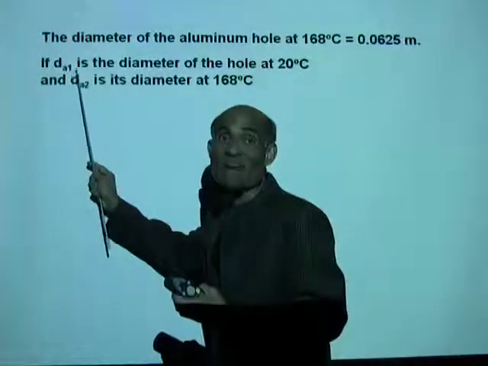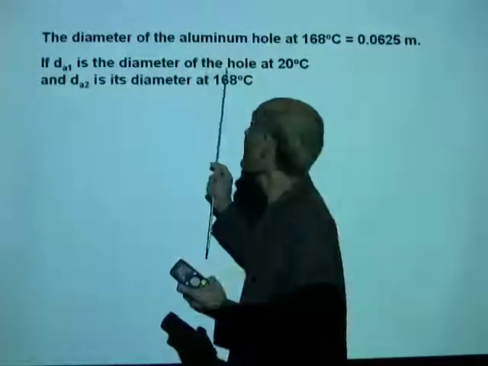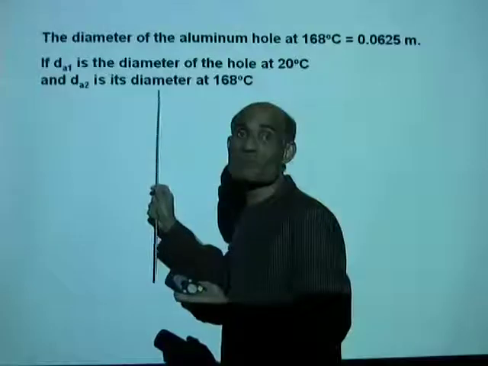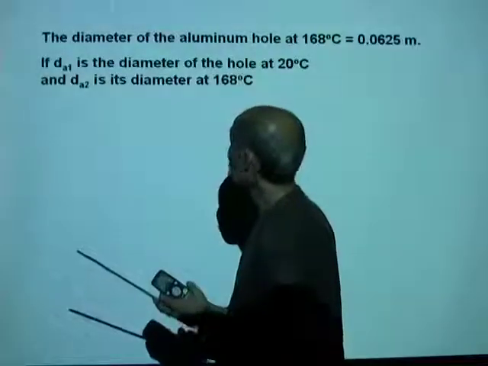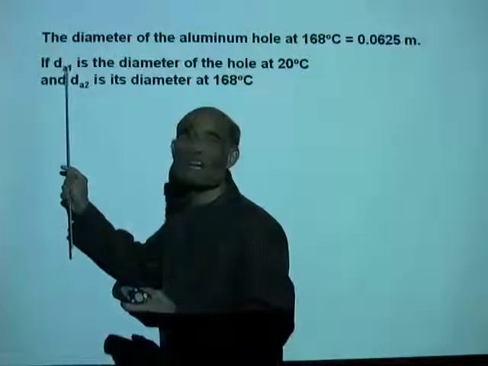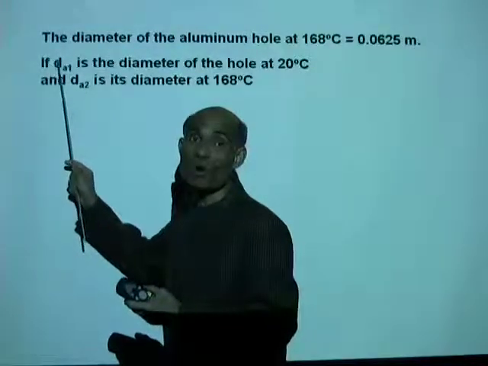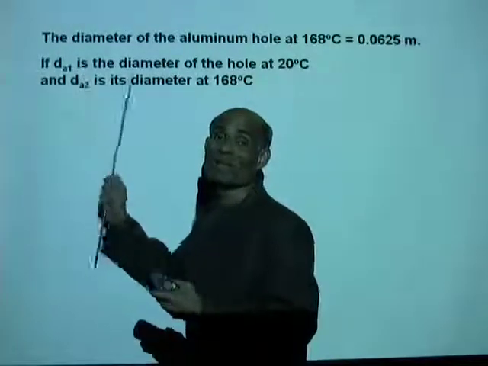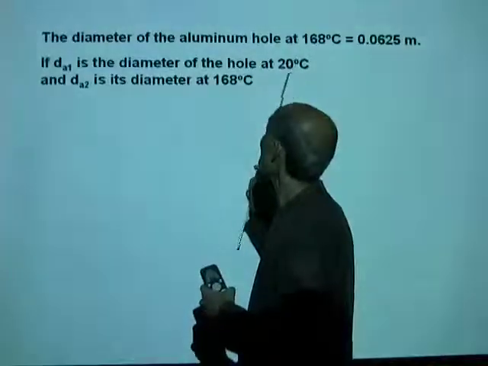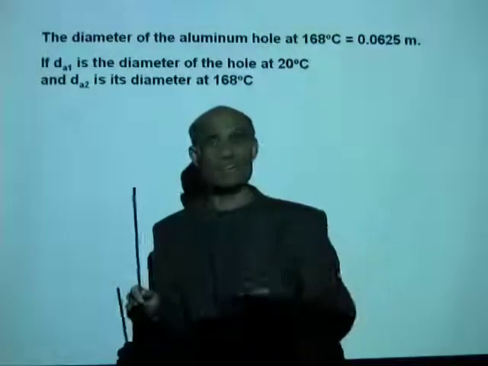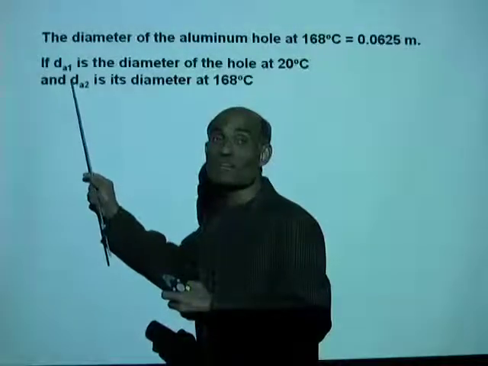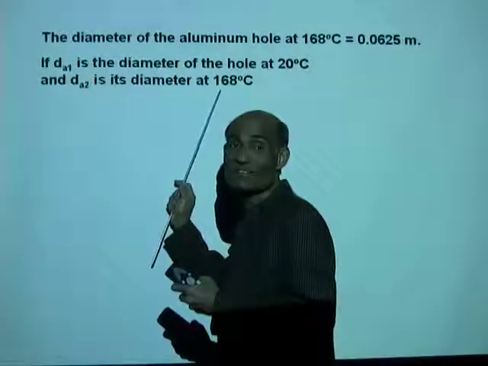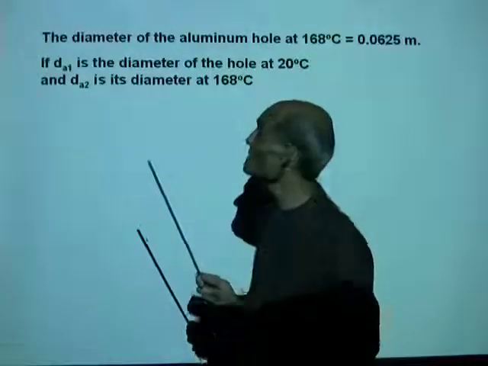If dA1 is the diameter of the hole at 20 degrees Celsius and dA2 is the diameter of the hole at 168 degrees, A is used for aluminum. dA1, the diameter of the hole at 20 degrees Celsius, is what we want to calculate. dA2 is the diameter of the hole in the aluminum sheet at T2 equal to 168 degrees Celsius.